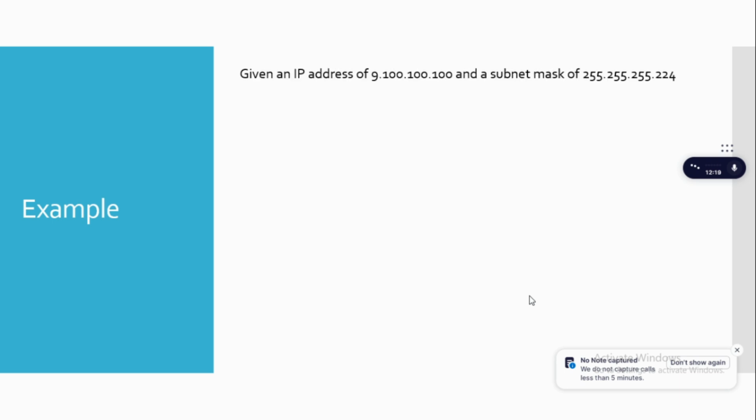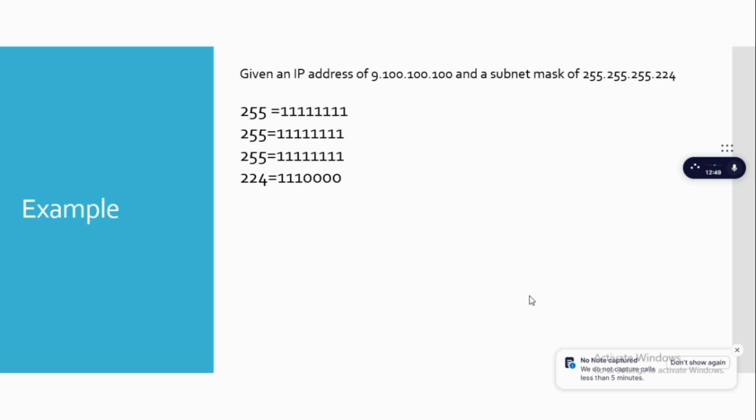For an example, if we are given an IP address of 9.100.100.100 and a subnet mask of 255.255.255.224, in binary 255 will be equal to 8 ones and 224 will be equal to 111.00000.